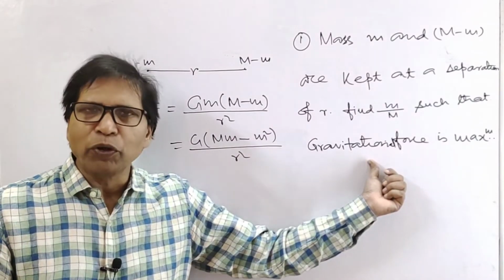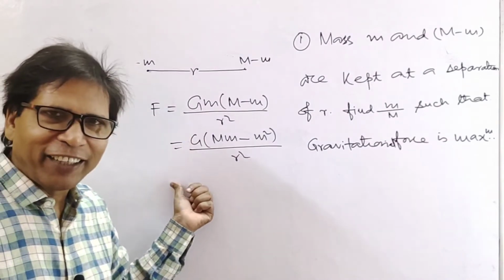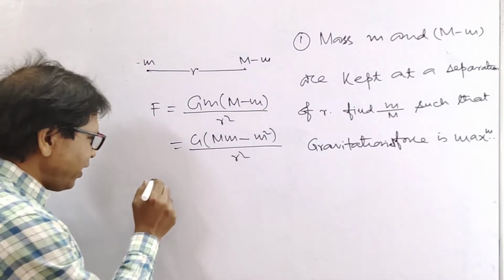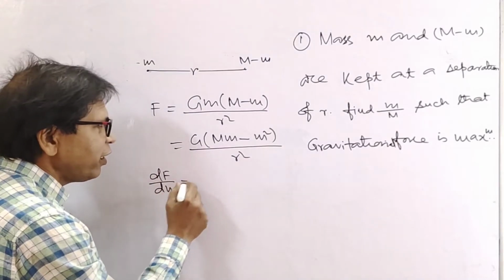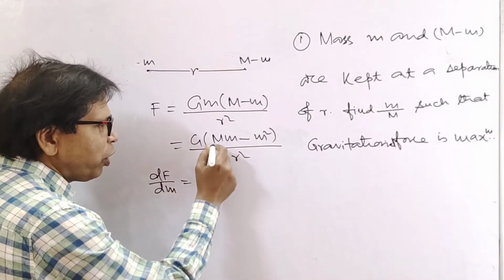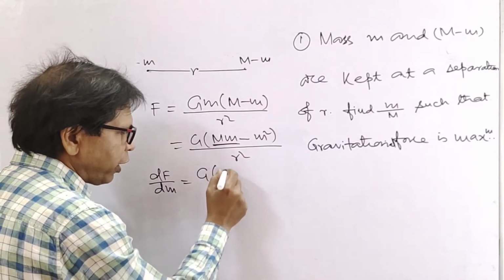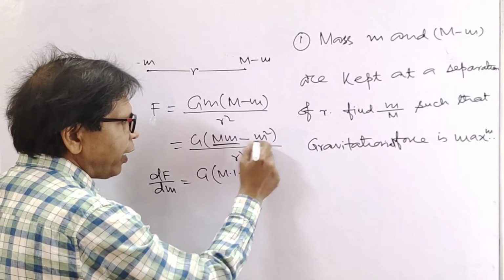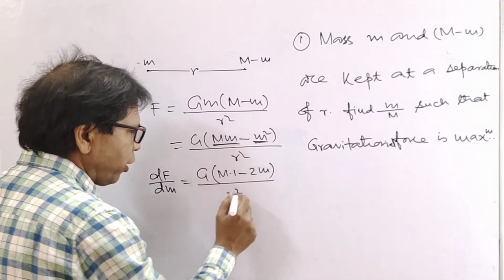For maximum force of attraction, dF by dm is equal to 0. So dF by dm equals G into the differentiation with respect to small m, that is capital M into 1 minus 2m, whole divided by r square.